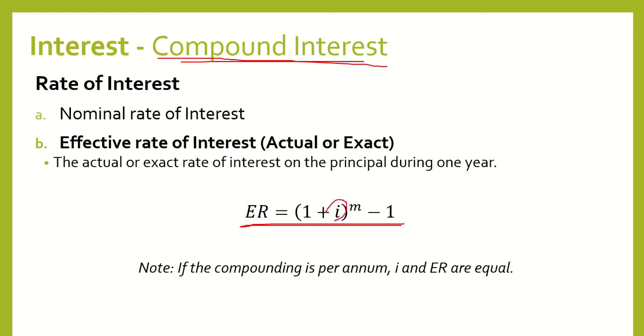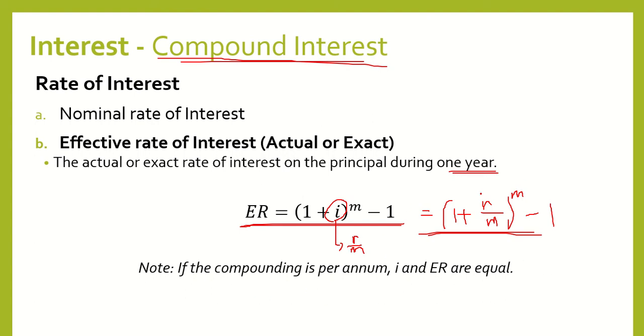Take note of this I. If it's not given, the nominal rate of interest will be given, so we will use R over M. When the nominal rate of interest is given, our equation becomes ER is equal to the quantity of 1 plus R over M, raised to power M, minus 1. Again, take note that this is the exact rate for a single year. That's the effective rate of interest.